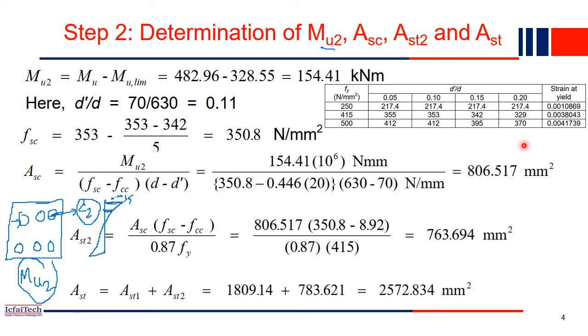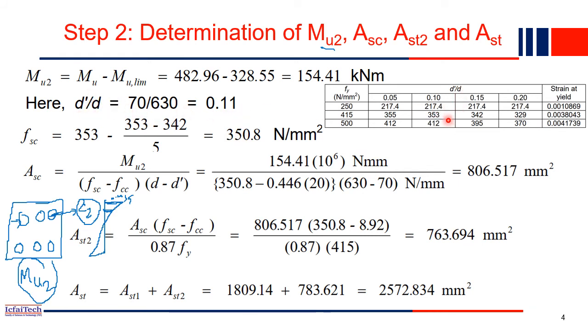In the last lecture, we discussed this table. Using the d dash by d value, we can interpolate what stress is acting on this compression steel. Based on the d dash by d ratio, we drew this table in the last class and computed all the values. Here in this problem, the d dash by d value is 0.11.